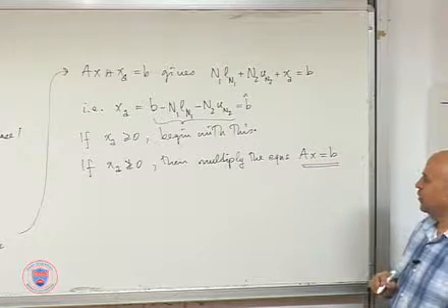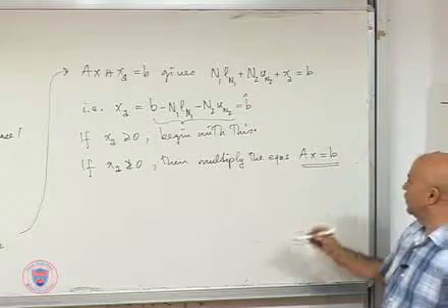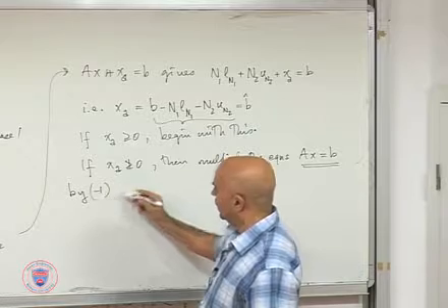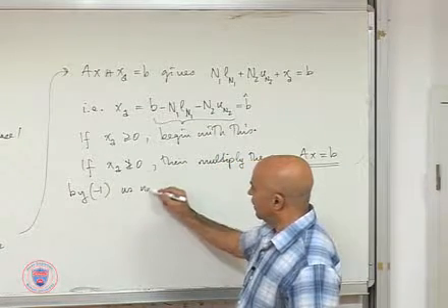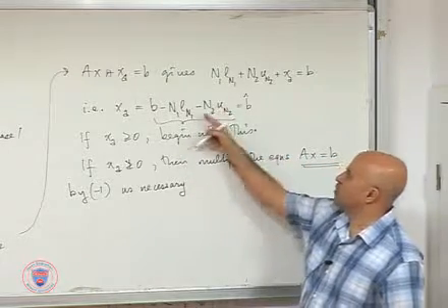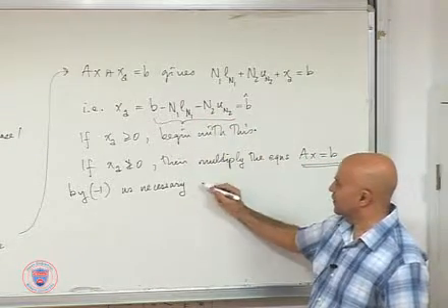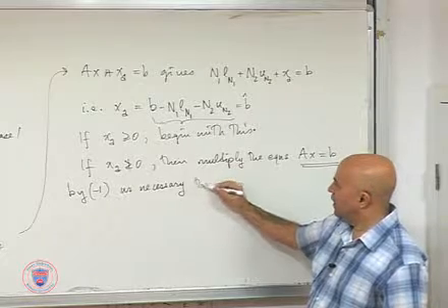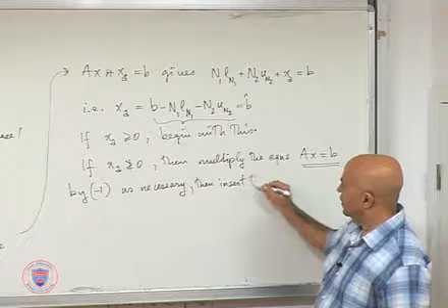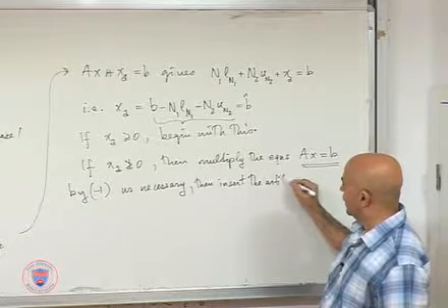Okay? So then multiply the equations Ax equals b by -1 as necessary, i.e. corresponding to the negative components. Then insert the artificial variables.